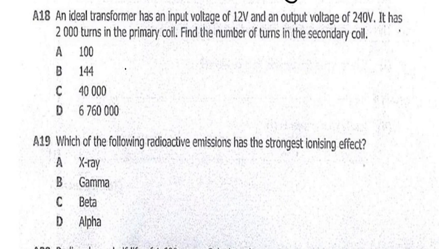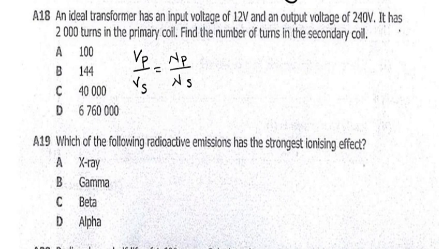The transformer equation states that the primary voltage divided by the secondary voltage should be equal to the number of turns in the primary coil divided by the number of turns in the secondary coil.